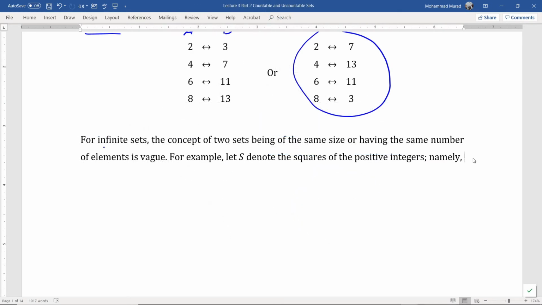For infinite sets, the concept of two sets being of the same size or having the same number of elements is vague. For example, let S denote the squares of the positive integers.